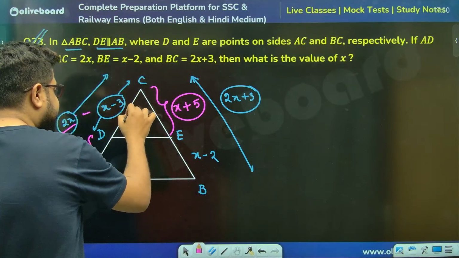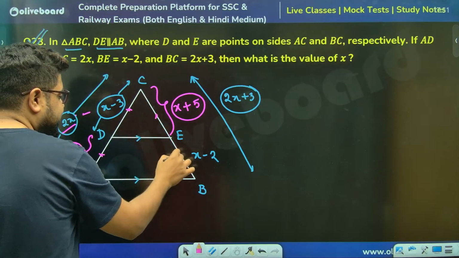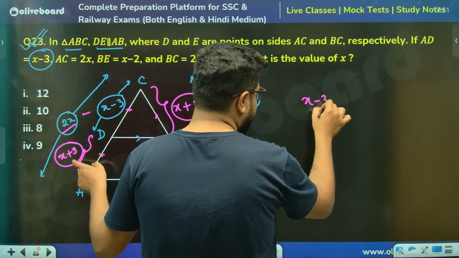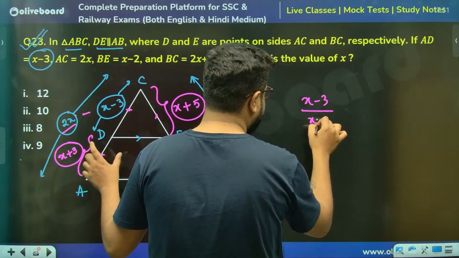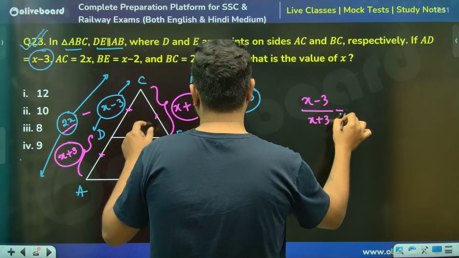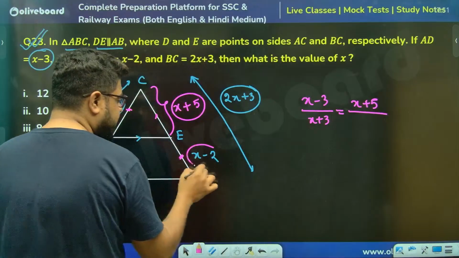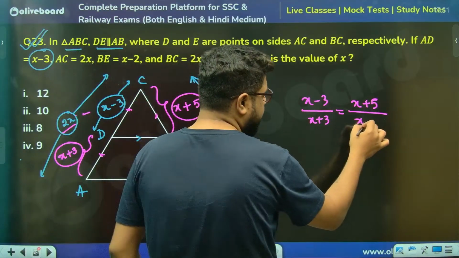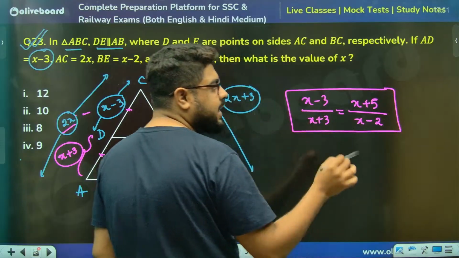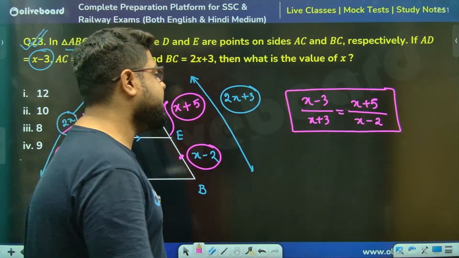It says this by this is equal to this by this. So x minus 3 by x plus 3, only this part, is equal to x plus 5 divided by only this part, x minus 2. Now it looks like a quadratic equation, but it will not be quadratic, because x square will cancel.